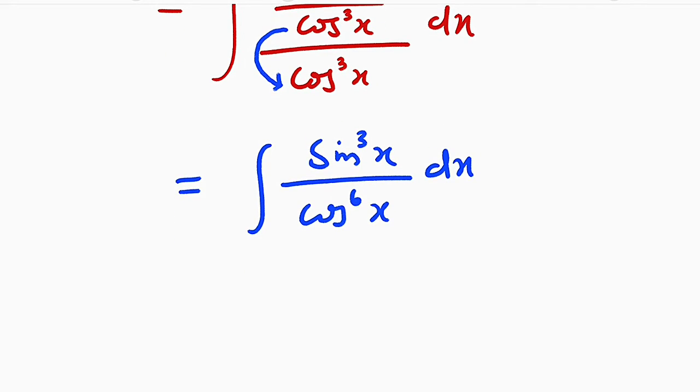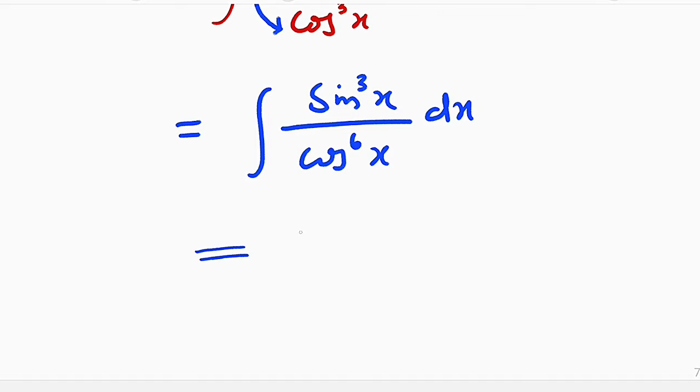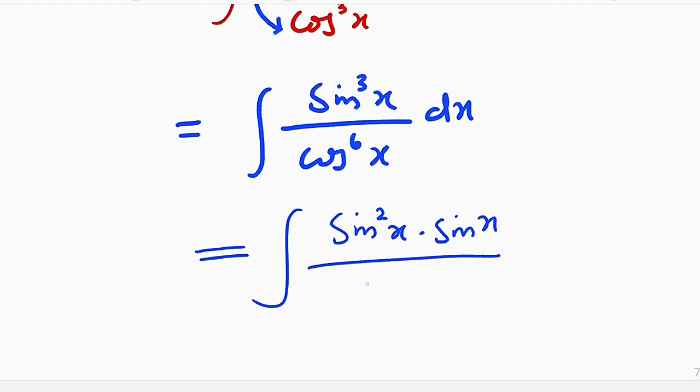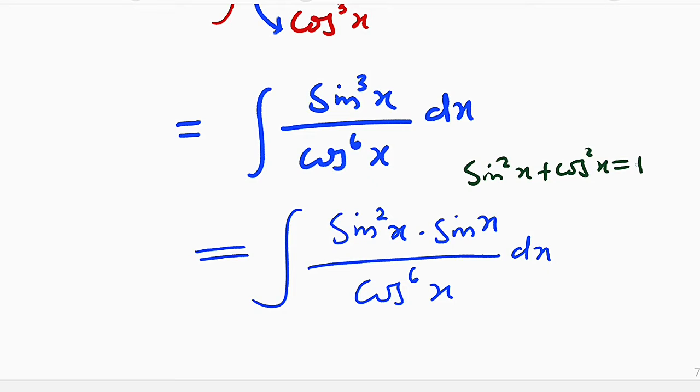And also, I would like to transform sine cube of x as sine squared x multiplied by sine x. It means the same thing. So this is the integral of sine squared x multiplied by sine x divided by cos 6 of x with respect to x. One thing you should remember is that sine squared x plus cosine squared x is equal to 1.